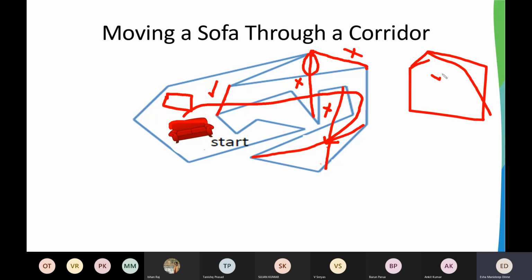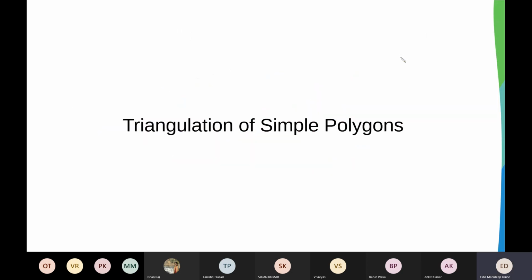So every line joining two vertices will be a diagonal in a convex polygon. In general, it won't be, as you can see in this example. Fine. So triangulation is dividing a polygon into triangles by drawing diagonals.